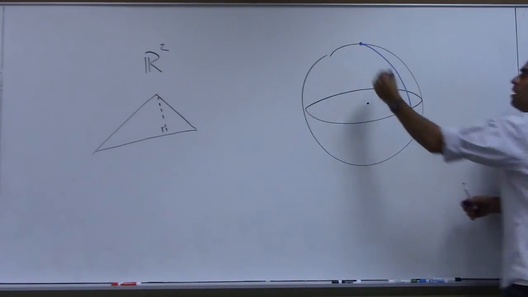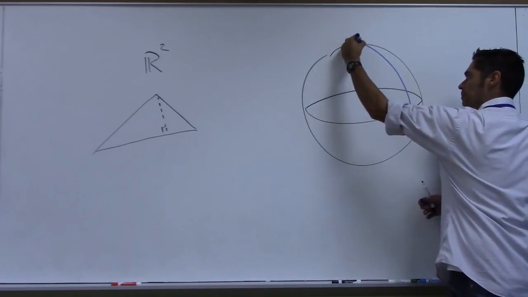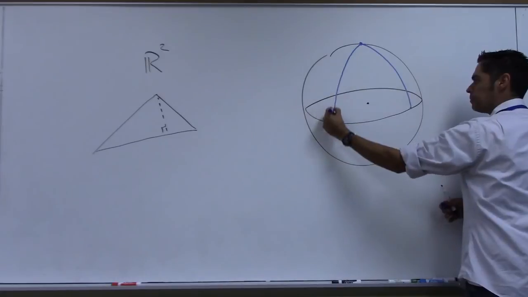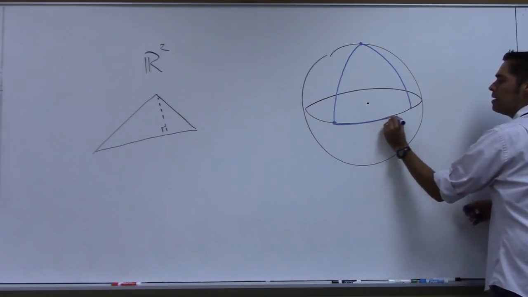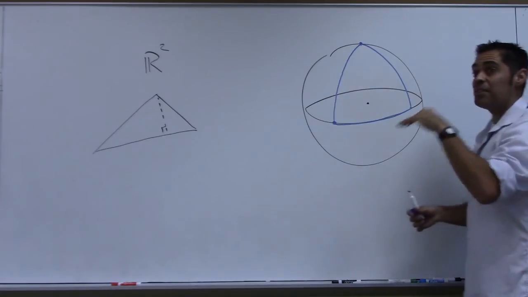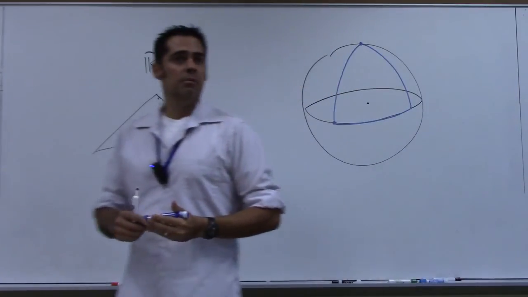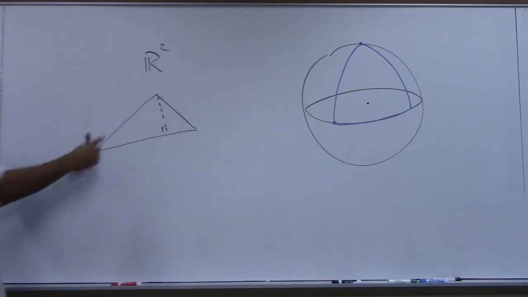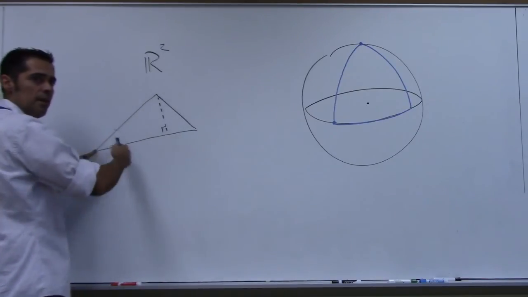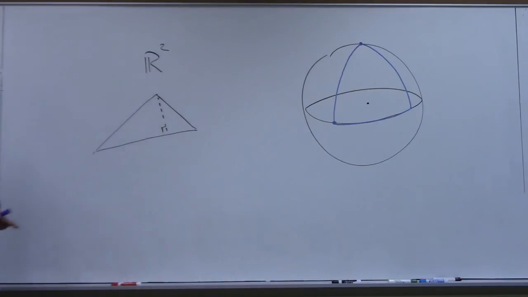And then on this side, let's go to the equator over here. We get another point, and if we walk along the equator, we connect these. So on that sphere, that's a triangle. It's 3 points connected within the space, right?